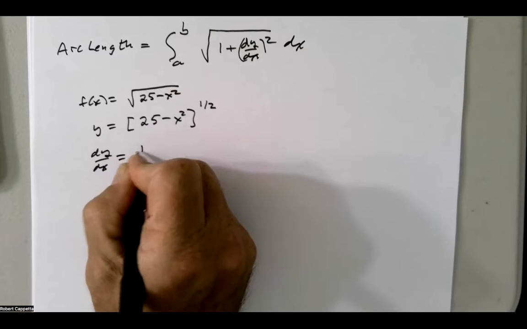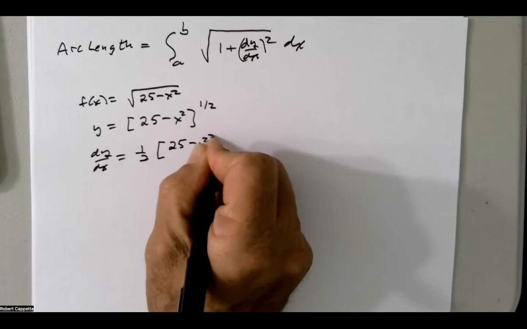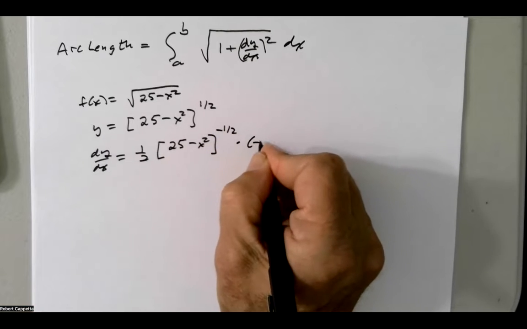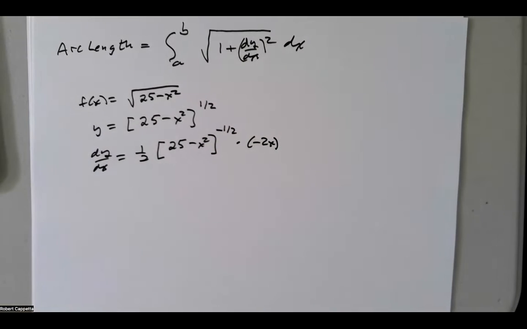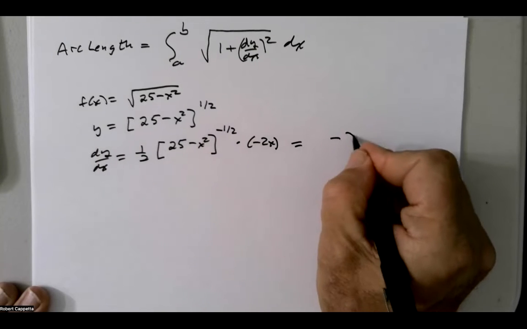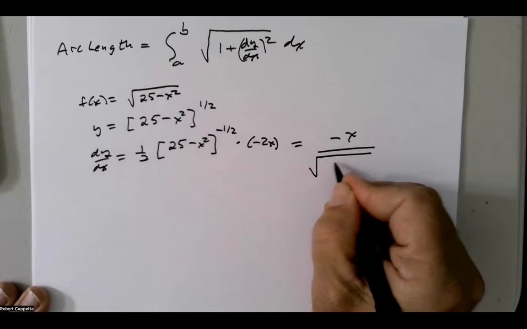It is 1/2 times (25 minus x squared) to the 1/2 minus 1, which is negative 1/2, times the derivative of the inside, negative 2x, which gives me 1/2 times negative 2x, negative x, over the square root of 25 minus x squared.